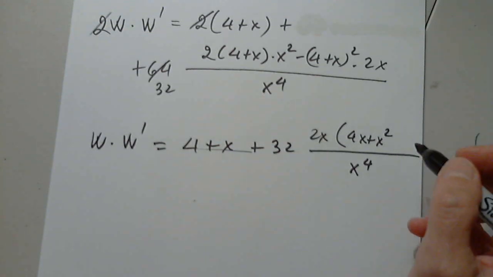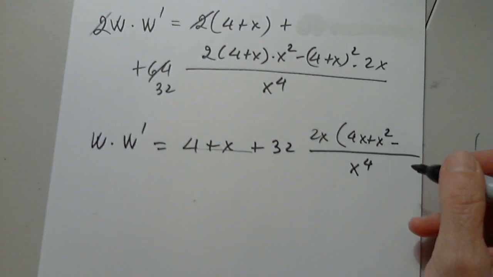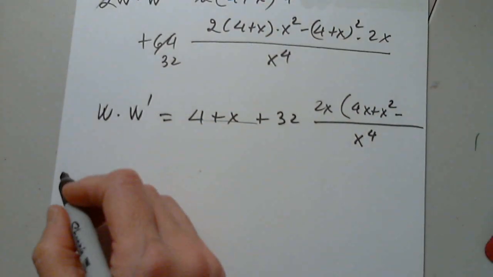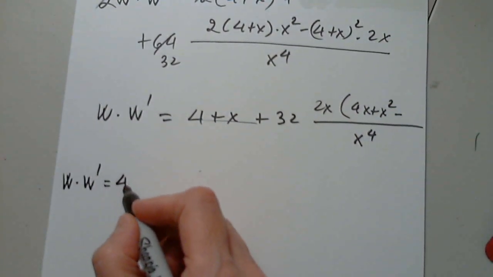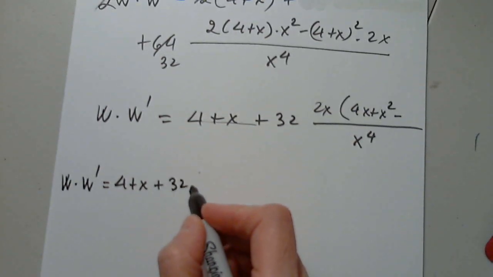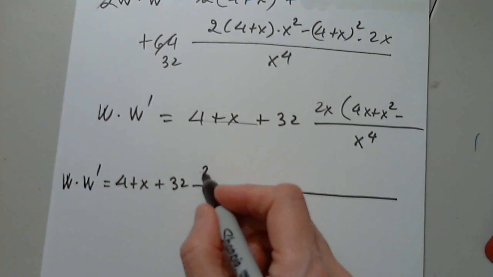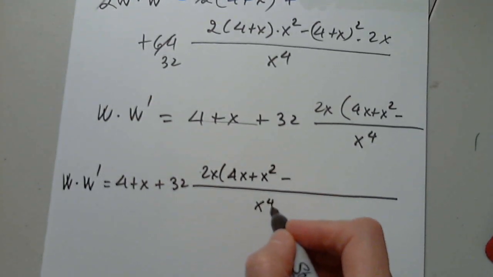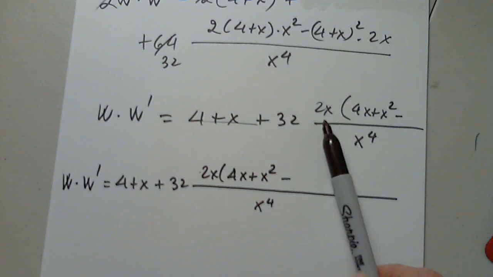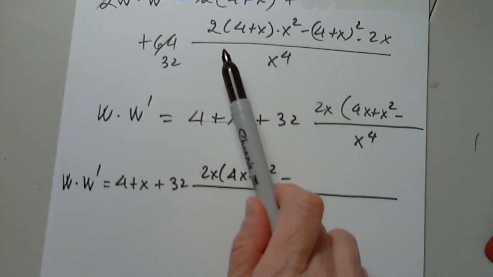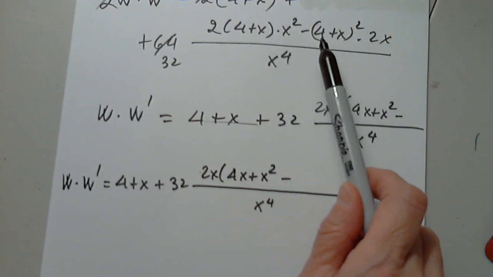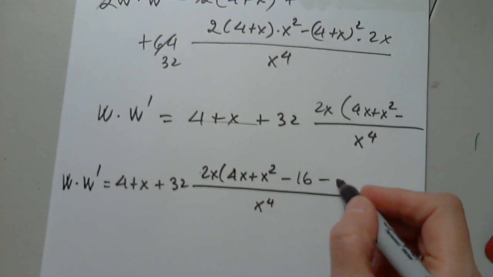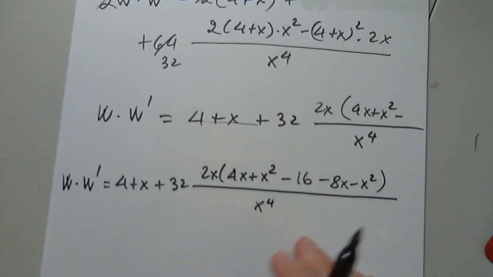Wow, would I have to square that? Minus... I have no room. 2x is out. 4x, that's correct. 2x is out. Minus 16 minus 8x minus x squared.